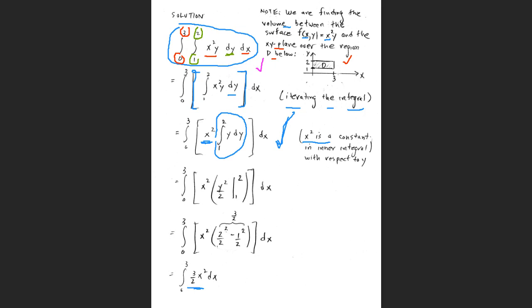Now, we recognize, by the way, that since this function x squared times y is positive over this region D, the volume should be positive. But you know, we can have positive volume and negative volume depending on whether the surface is going above or below the xy plane. All right, we continue on. And we're going to end up getting 27/2.